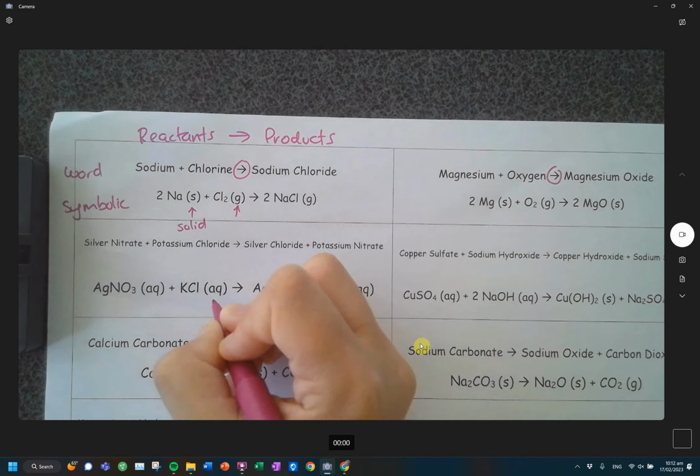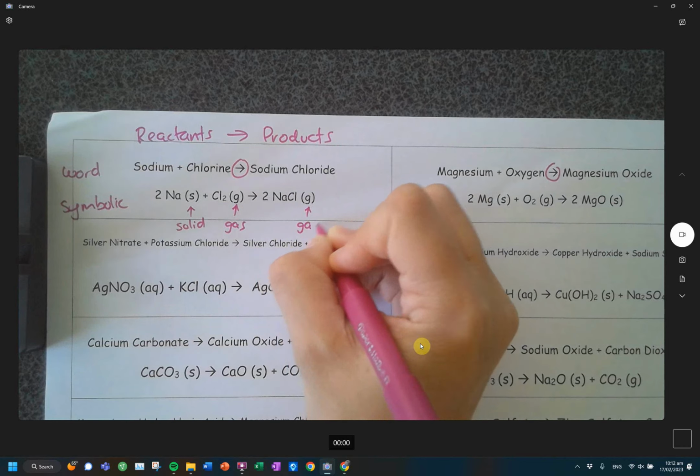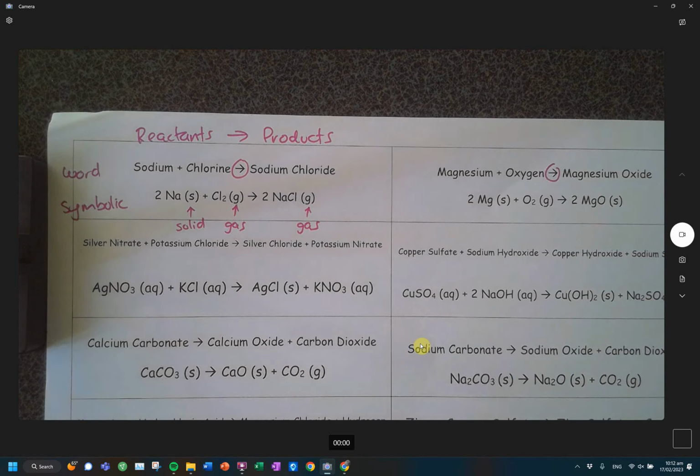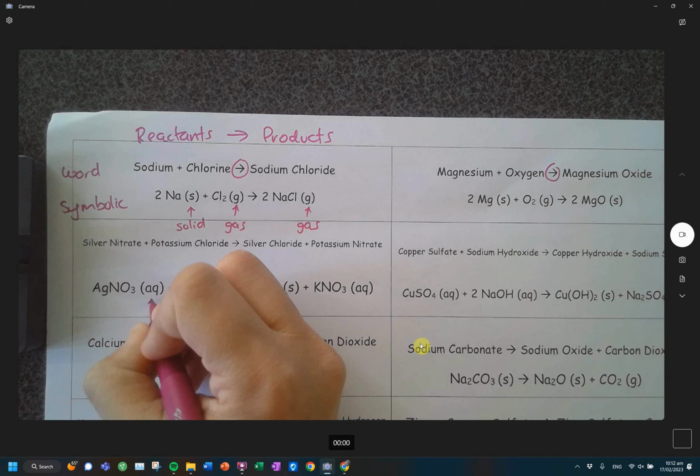G would be gas. What else am I looking for? If you have an L, what's that? Liquid. If you have an AQ, what's that? Aqueous. It dissolves in water, so it's soluble in water.